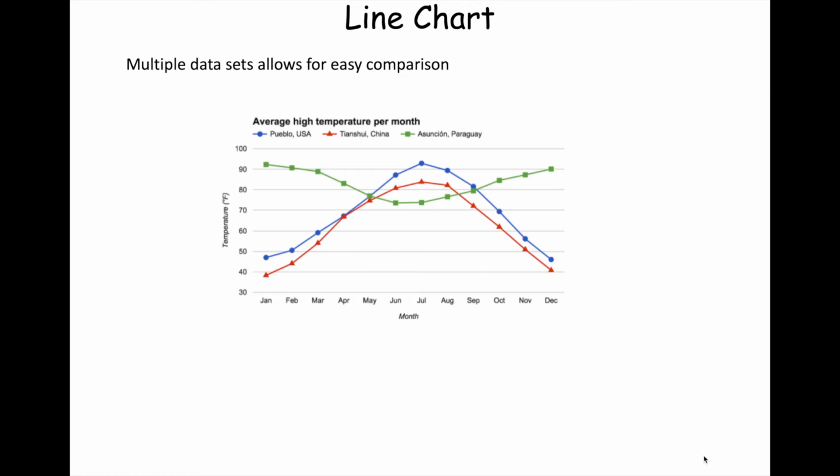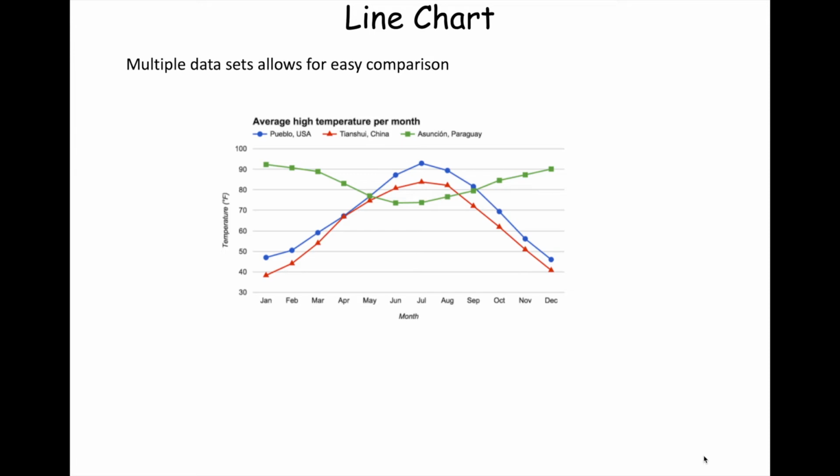Now, one of the things that's really apparent is that while Pueblo and Jianshui are not exactly the same, they exhibit very similar behavior, right? They kind of look like this bell curve. They start low, and then they come up. They turn the corner right around the middle of the year in June, and then they come back down, right? So they exhibit very similar properties in terms of temperature.